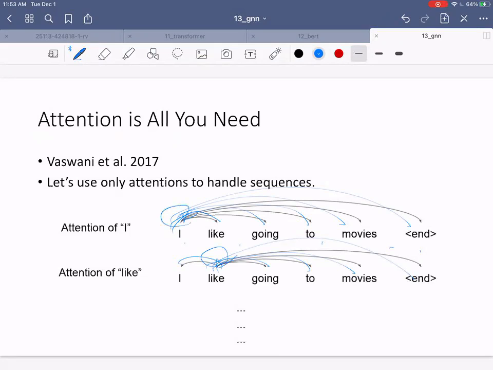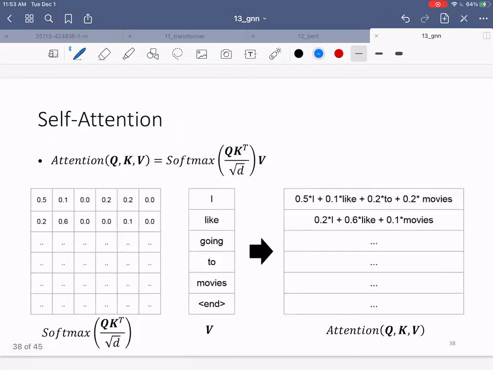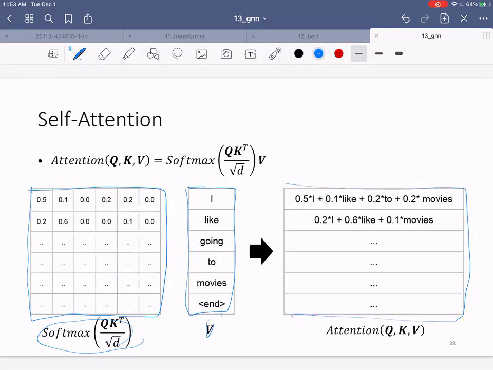If you remember the QKV operations, the scaled dot product part was softmax of QK transpose divided by the square root of d. This produced an attention map, which is basically a normalized probability matrix, and V was the word token embeddings, and multiplying them gave you a weighted sum of the word tokens.